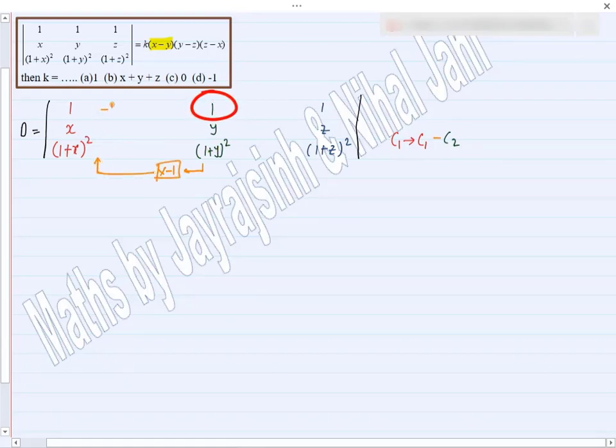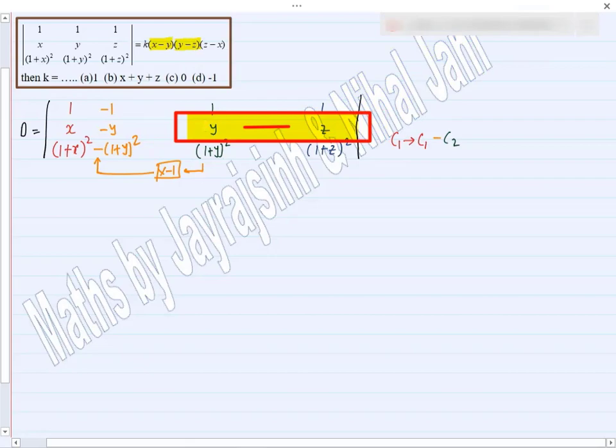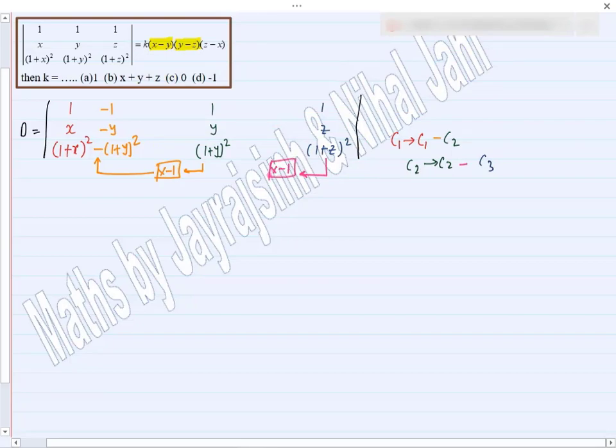1 minus 1 is 0, x minus y, and the last element is x squared minus y squared. Similarly, to get the y minus z factor, let's do the c2 gives c2 minus c3 operation. For that, you have to multiply the third column with minus 1 and add it into the second column.